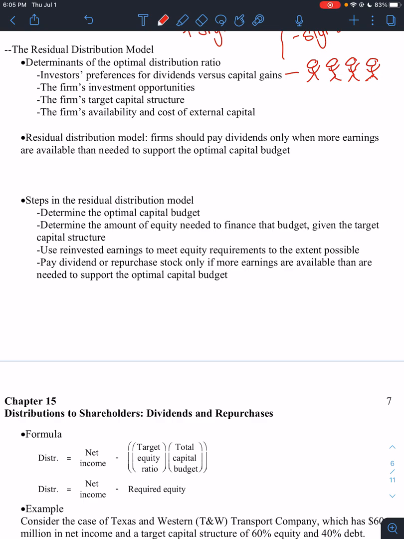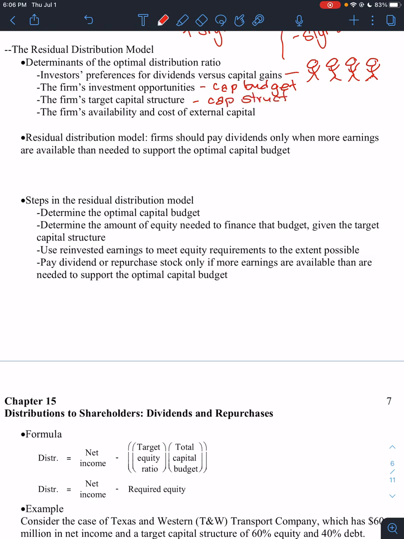All right, the next three things are under the firm's control: the firm's investment opportunities, the firm's target capital structure, and the firm's availability and costs of external capital. Investment opportunities, that's all about capital budgeting, right? All those positive NPV projects. Target capital structure is going to be determined by our capital structure policy.